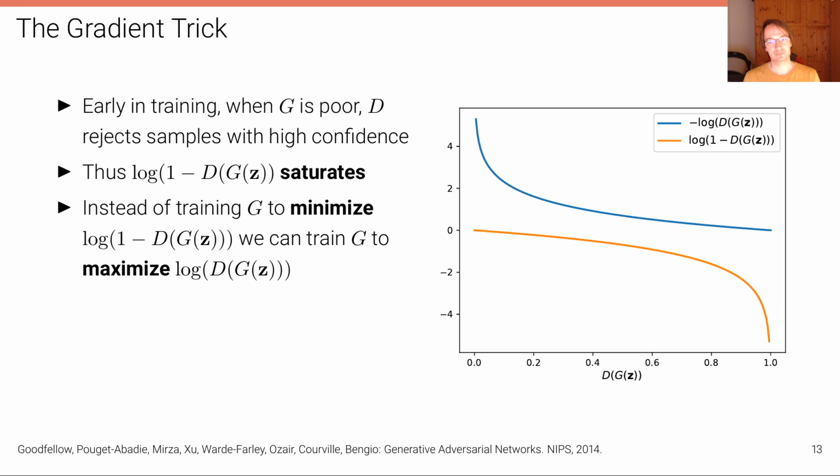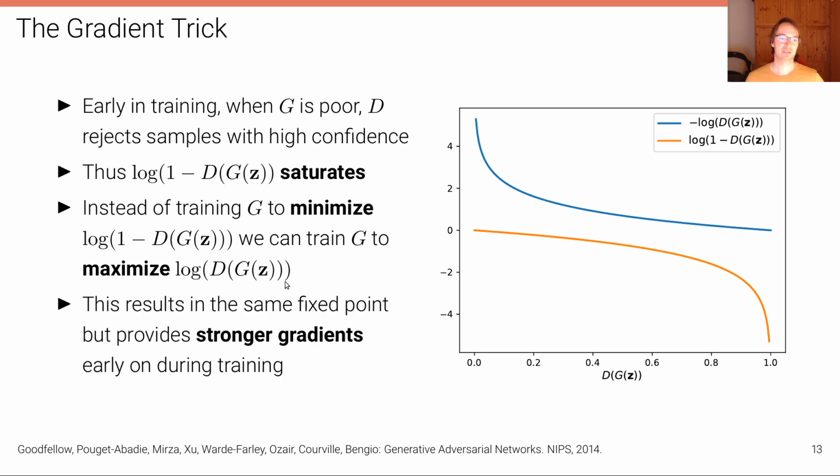Now, instead of training G to minimize this expression, we can train G to alternatively maximize the logarithm of D of G of c. This results in the same fixed point. It's basically the same optimization problem, but through this transformation, we have much stronger gradients early on during training, illustrated with the blue curve here.